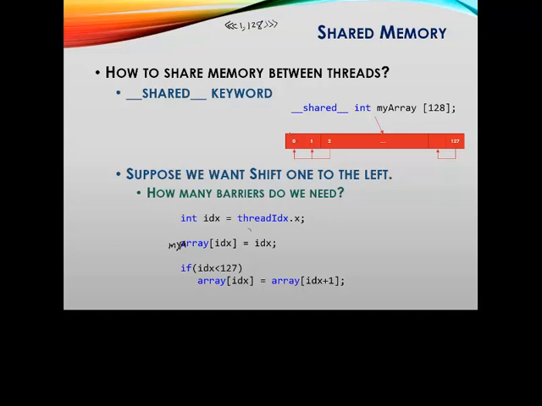So ideally, what I'm hoping is that thread number 0 stores 0 in element number 0, thread number 1 stores 1 in element 1, thread number 2 stores 2 in element number 2, and so forth. And then thread number 0 looks at whatever thread number 1 has written and stores that content into element number 0. So ideally, thread number 0 first stores 0, then looks at whatever thread number 1 has written, and then stores that value into its location.